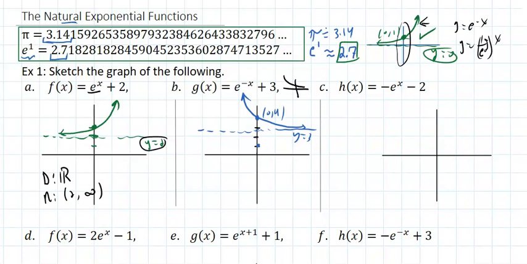How about here? Well, e to the x is right there. Multiplying the y by a negative. So e to the x, negative e to the x. Multiplying the y by a negative reflects this graph with respect to the x-axis. So this graph will flip, and it would look like this.